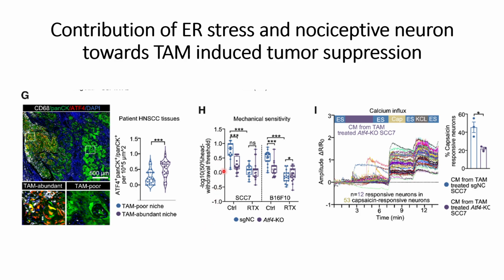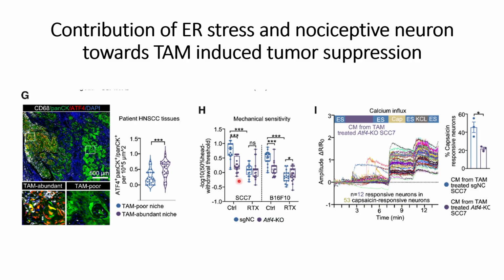In one condition, they knocked down the nociceptive neuron using RTX-based denervation, where they killed the nociceptive neuron. In the other case, they used the CRISPR-Cas9 strategy to knock down ATF4.